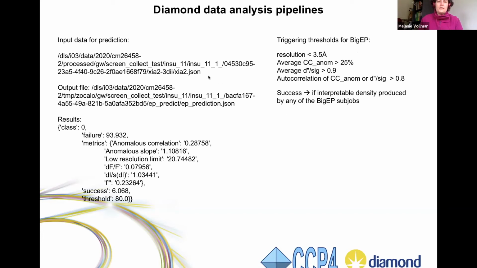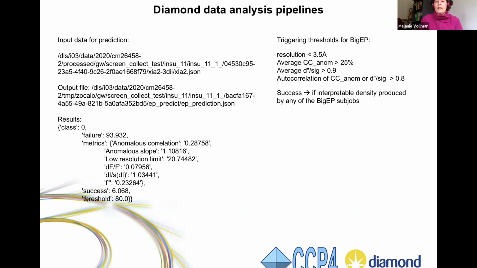For the prediction itself, I gather my parameters, my features. I get them from the ZR2 JSON file, which is produced as one of the outputs from the data reduction step, feed them into my predictor, and then create an output file, again a JSON file, which has this little bit of text in it, and it gives me a chance for failure or success.